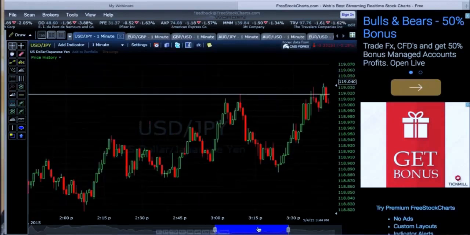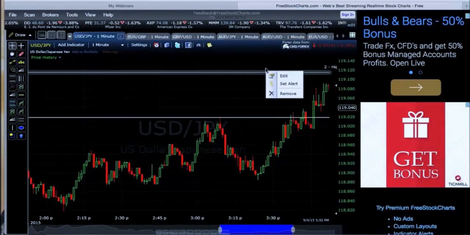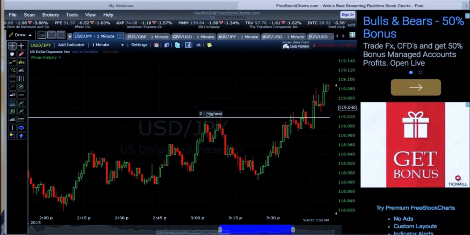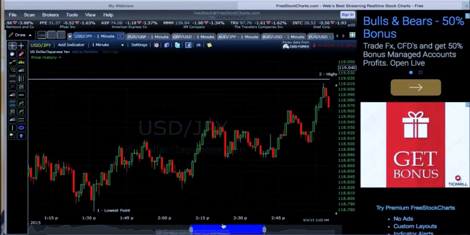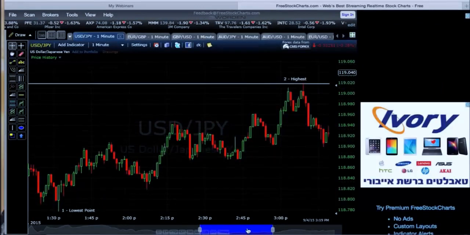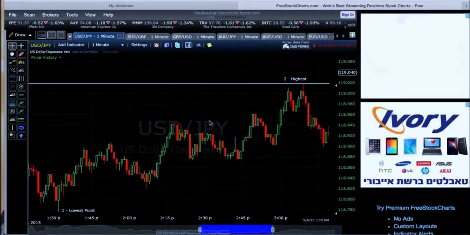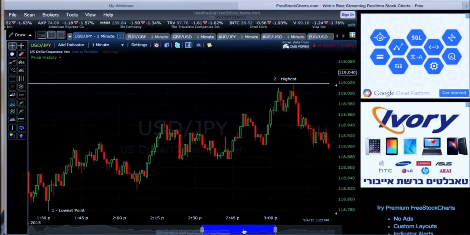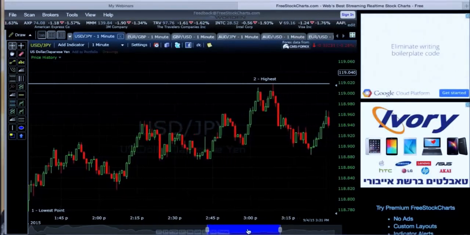Let me remove this one. So let's test it this way. Alright. We saw it here going up. This is a nice up move. We're waiting again for a candle to cross and close above it.